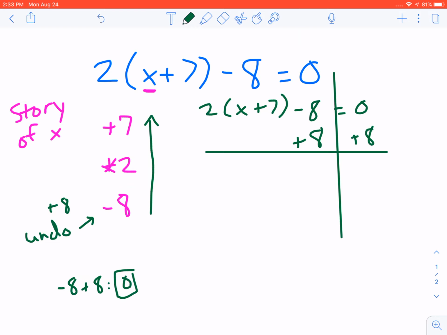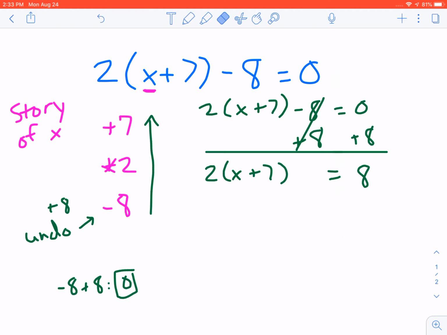And so if I am adding 0 on the left side, it's like I'm doing nothing. And so we can mark that out. It gets rid of it. That leaves us with 2 times x plus 7 on the left side equals 8 on the right side.